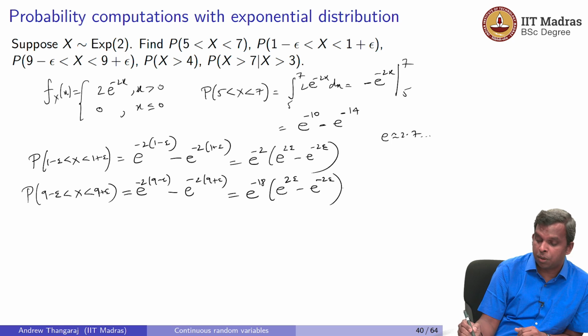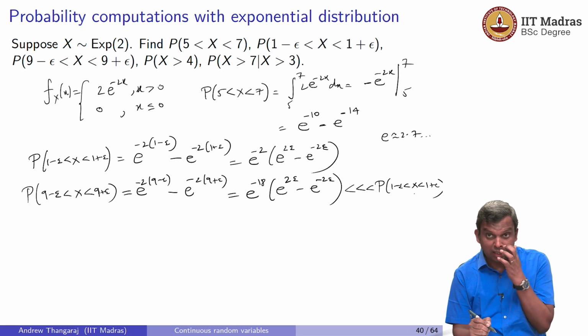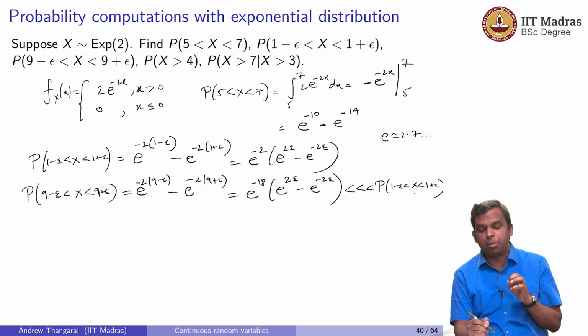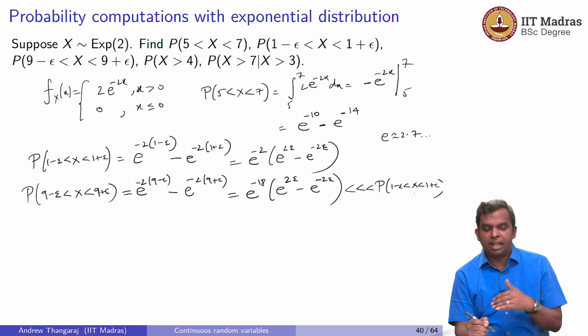It has gone much smaller than the probability of 1 minus epsilon less than x less than 1 plus epsilon. The same width, but notice how non-uniform it is. E power minus 18 is just really small. The same width of 2 epsilon around 1 has a much higher probability of occurring than around 9. That is the PDF falling exponentially fast for you.